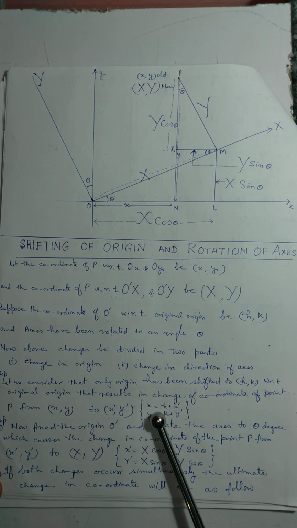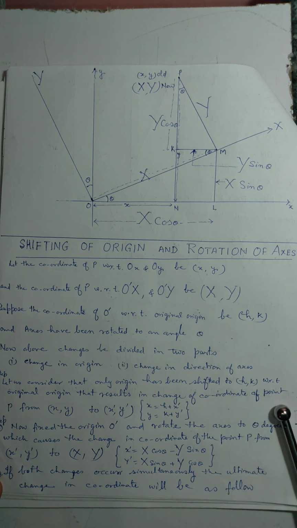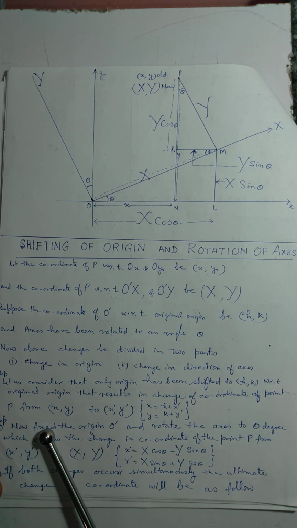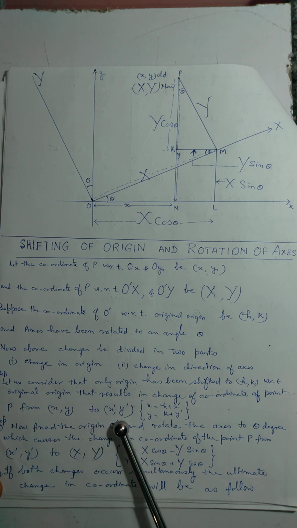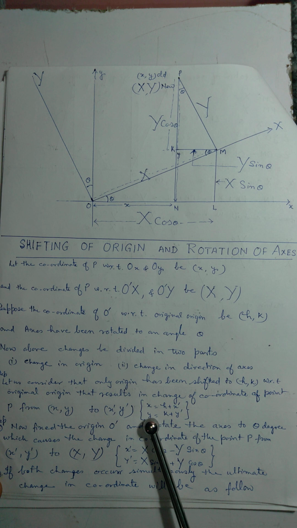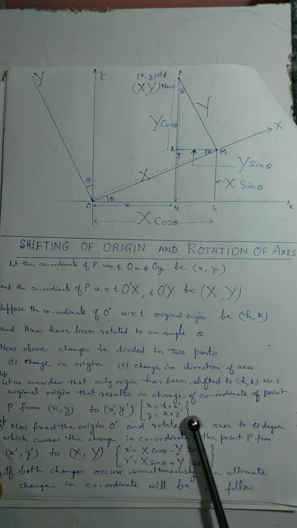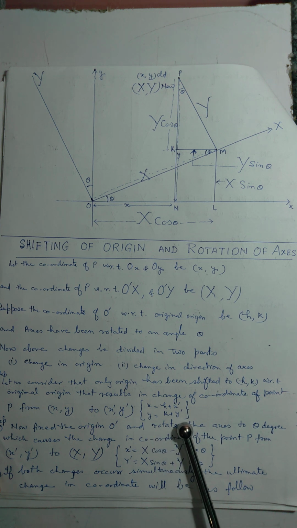That results in change of coordinate of the point P from small x, small y to small x dash, small y dash. Now you see, small x is equal to h plus x dash, and small y is equal to k plus y dash.